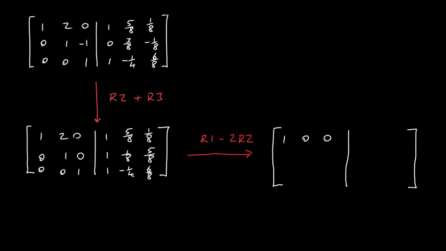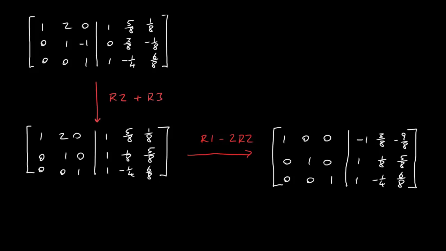Okay, so here I'll end up with minus 1, 3/8, and minus 9/8. Here 0, 1, 0, and 1, 1/8, and 5/8. And finally along here 0, 0, 1, 1, minus 1/4, and 6/8.